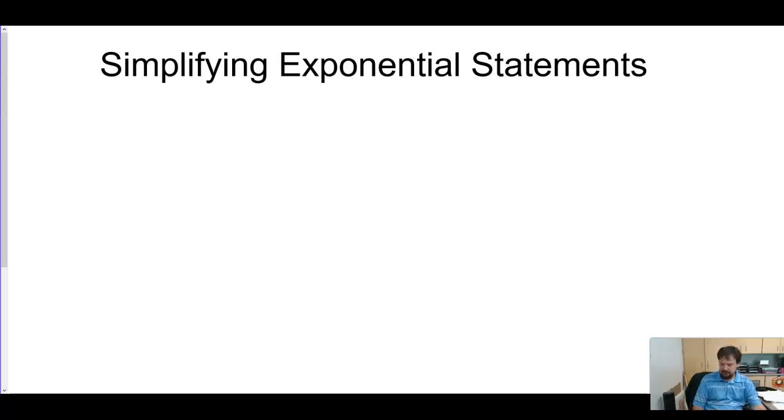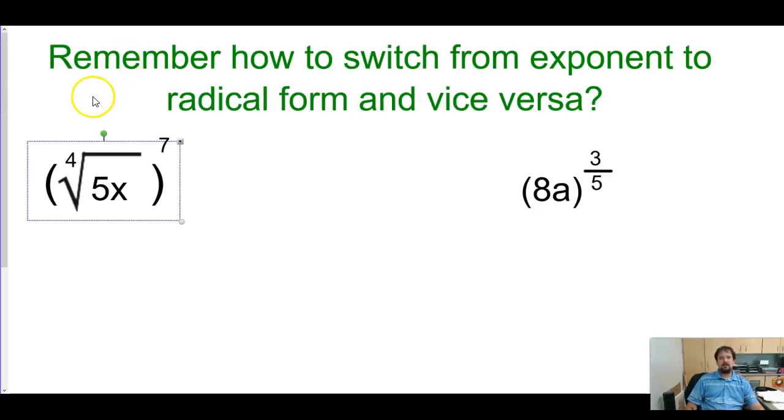Simplifying exponential statements. What we're doing today is combining a lot of what we've been doing up to this point. We just need to do a few things to remind ourselves what we've been learning, and then we're going to combine them all together. First, we need to remember how to switch from exponential form to radical form, and vice versa.